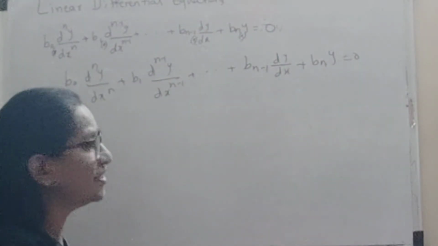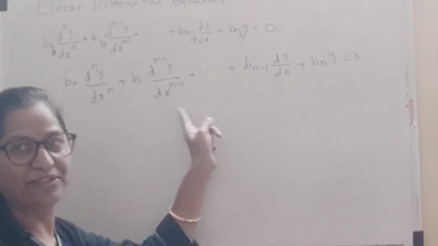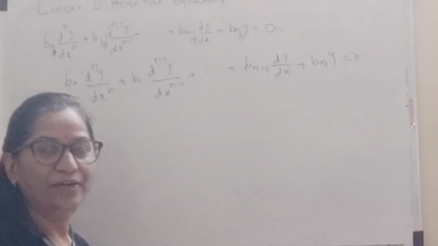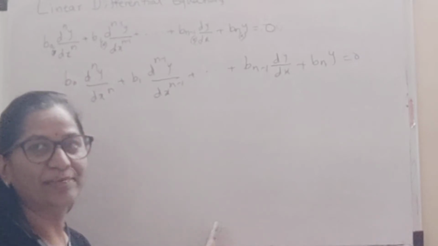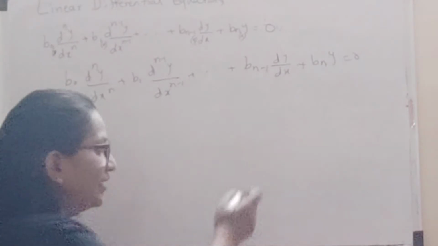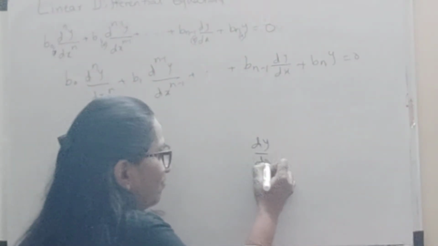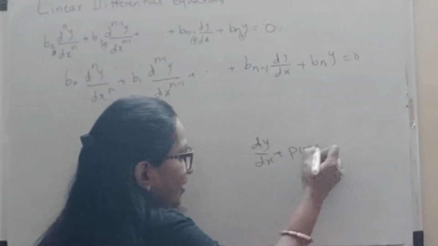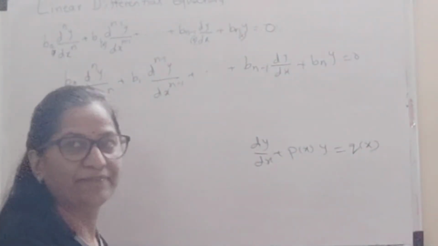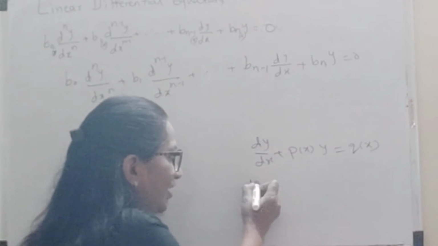So how many solutions are possible for this differential equation whose order is n? How many at most? See, for the linear differential equation dy by dx plus p of x into y is equal to q of x, which is of first order and first degree, we have just a single solution.